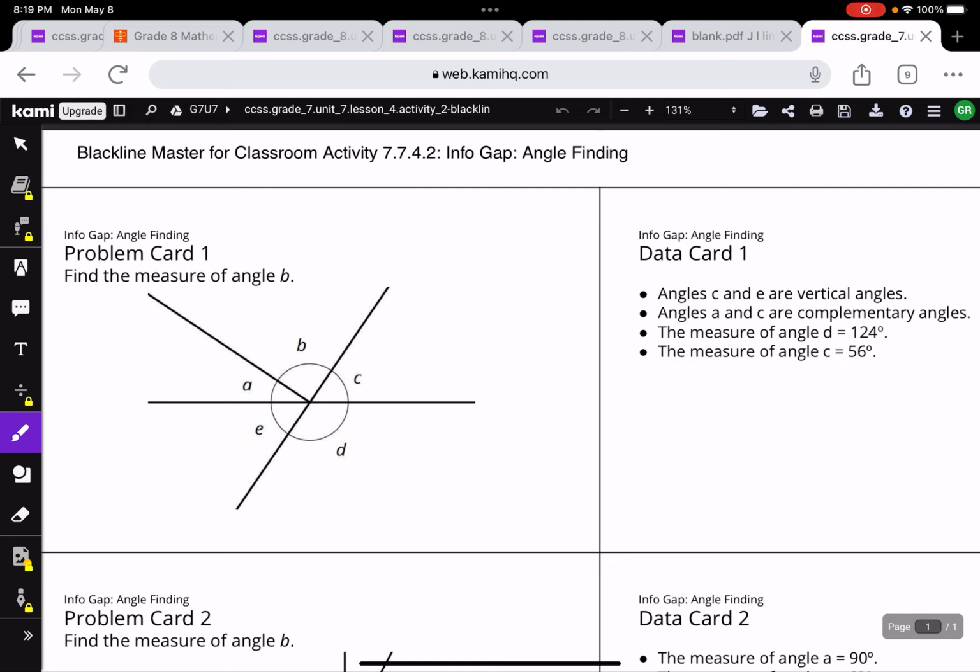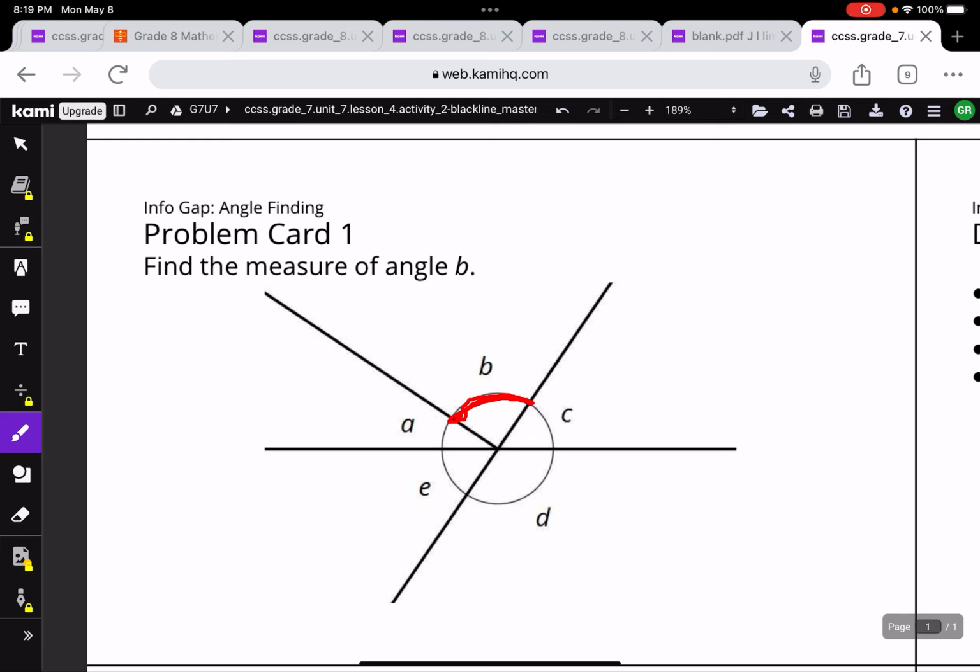Let's do it. Problem 1, find the measure of angle B. That means we want from here to here, we want angle B. So if we were actually doing this in real life, we would ask our partner whatever questions we want. We're only able to see this, and we would think we're funny and say, what's the measure of angle B? But obviously our partner doesn't have that.